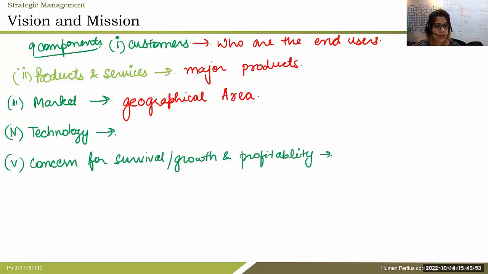As in, is the firm committed towards growth? The firm is not going to be stagnant, saying, you know, I have achieved this much profit, now I will work at a very small pace. No. Is the organization concerned towards achieving more? Are we committed towards survival, growth, and more profitability? The sixth one is self-concept.